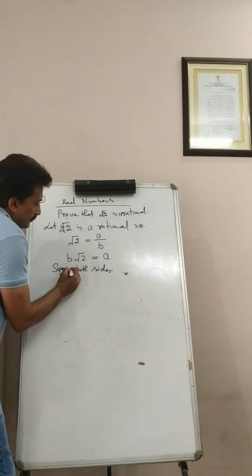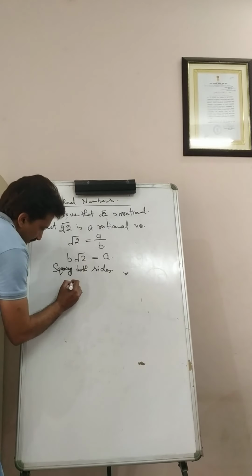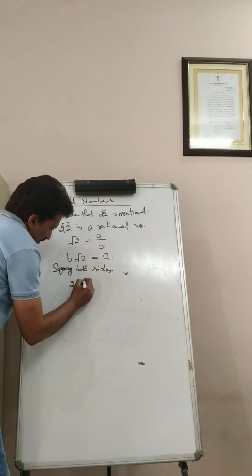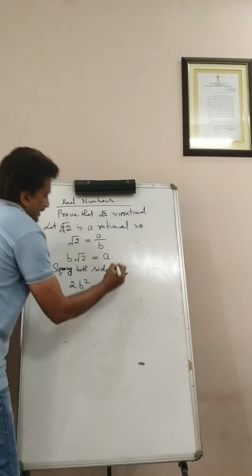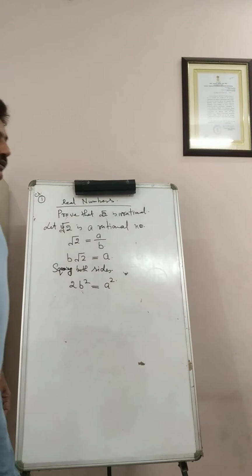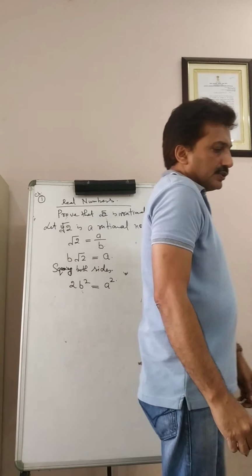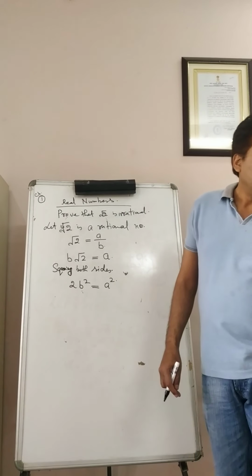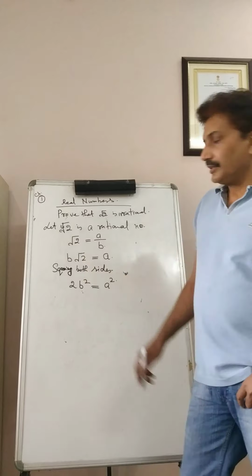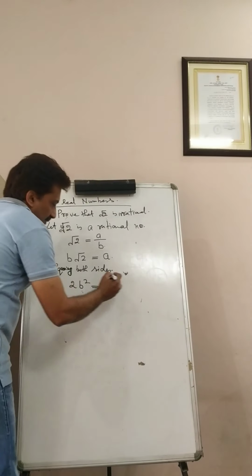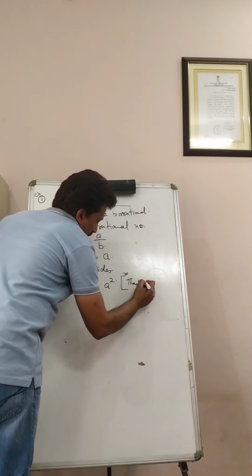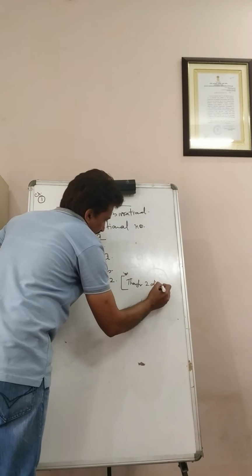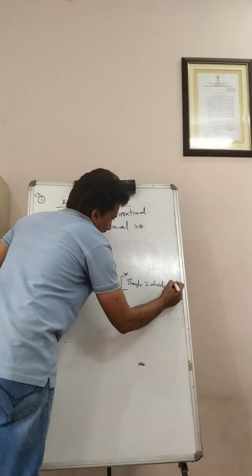Squaring both sides, what will you get? 2b square is equal to a square. So 2b, therefore you are getting this one. Here you can write, therefore 2 divides a square.